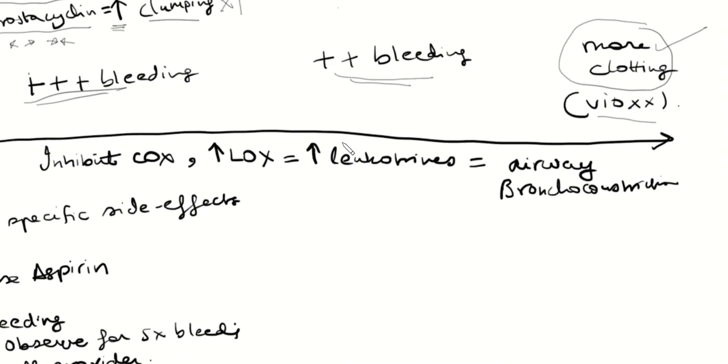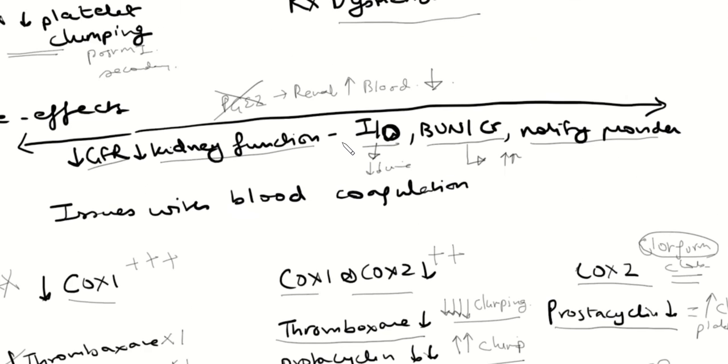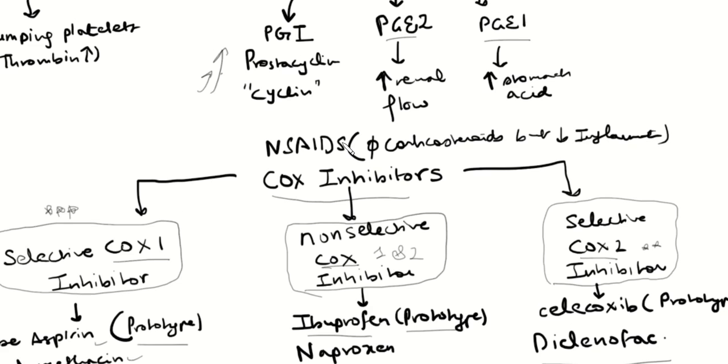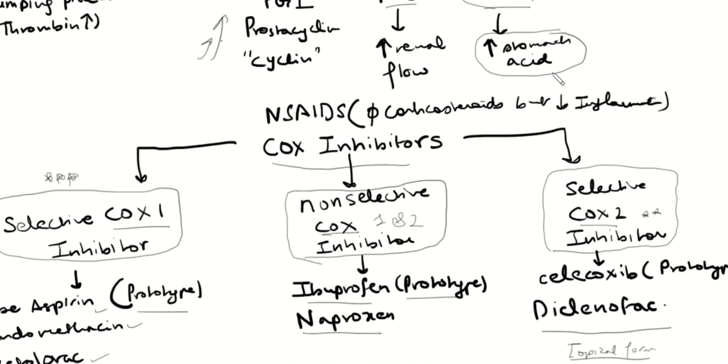What else? Again, stomach upset and stomach issues. We can have some dyspepsia, and this has to do with increased stomach acid because of PGE1. PGE1 causes a decrease in stomach acid.